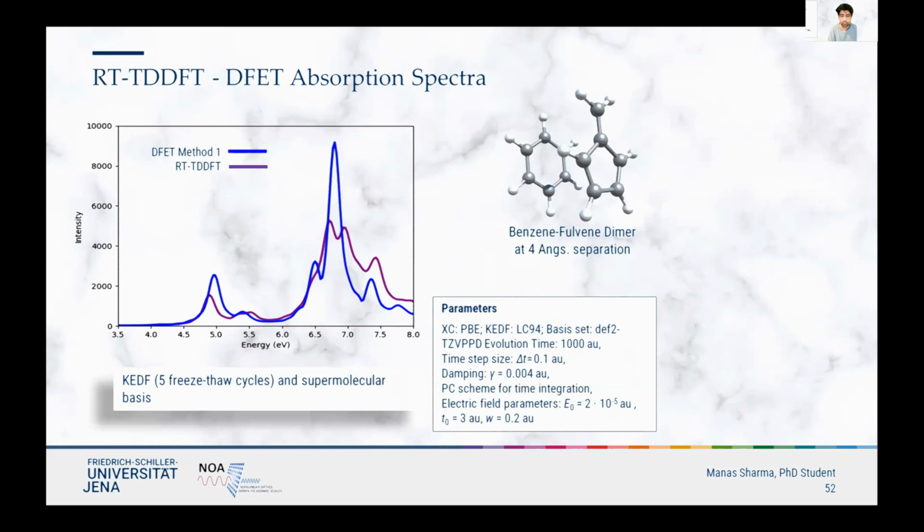And yeah, so for uncoupled systems, as I said, method 3 can give you an exact match. However, if you consider a system of interacting chromophores like the benzene-fulvene dimer at a separation of 4 angstroms, it's still not extremely interacting, but there are a lot more interactions because the isolated absorption spectra of benzene and fulvene overlap quite a lot.